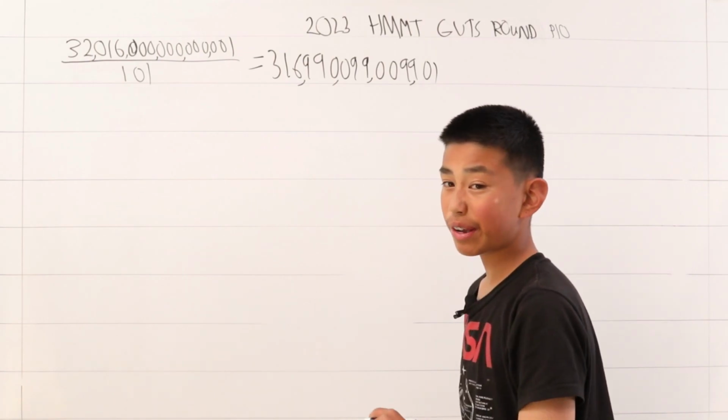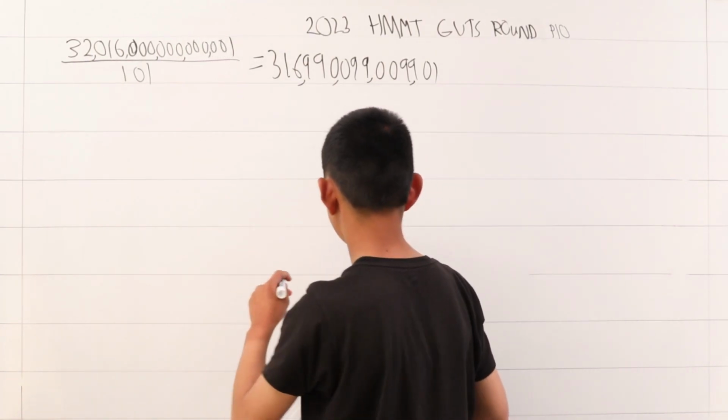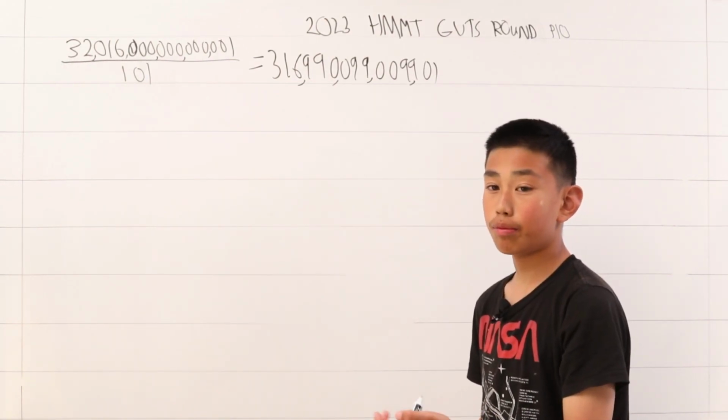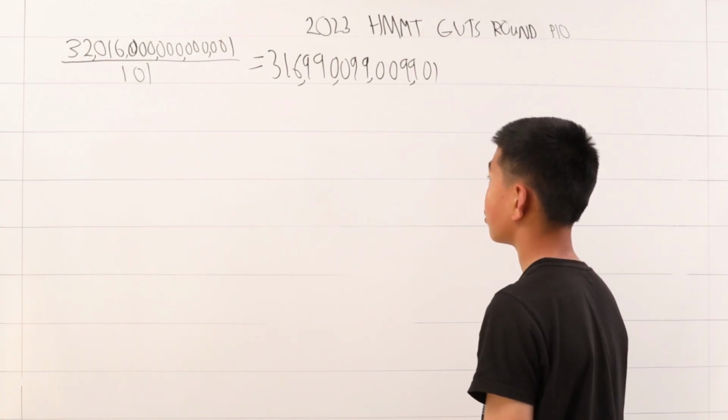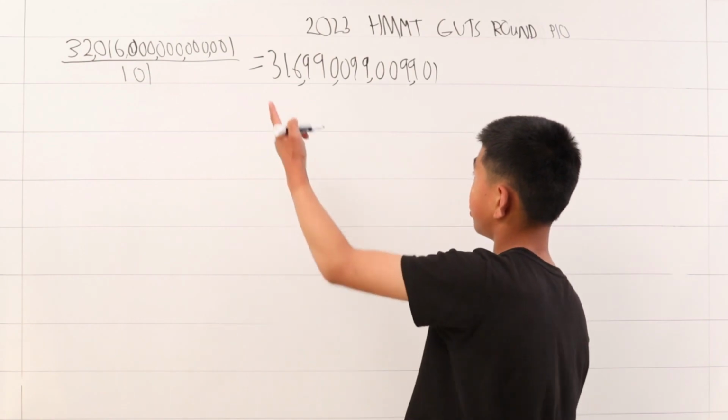So basically what we want to do here is break this number into two prime numbers, one small and one big, and find the value of that small prime number. So let's just do this.